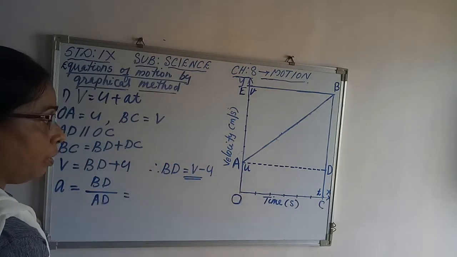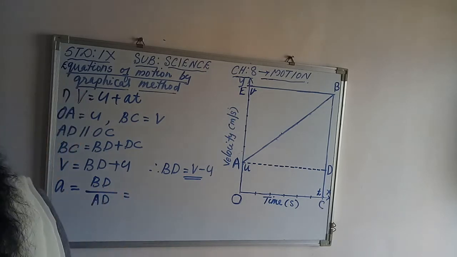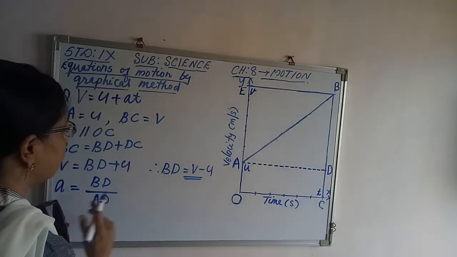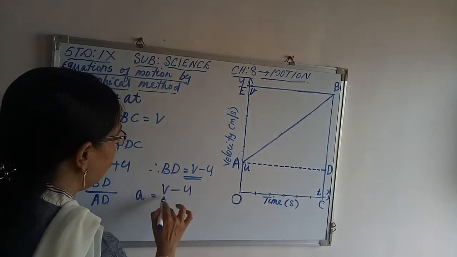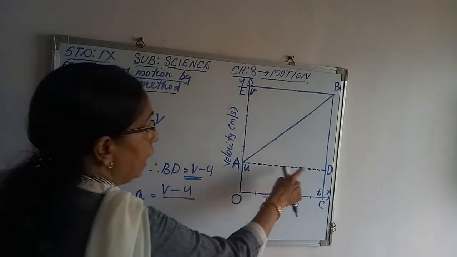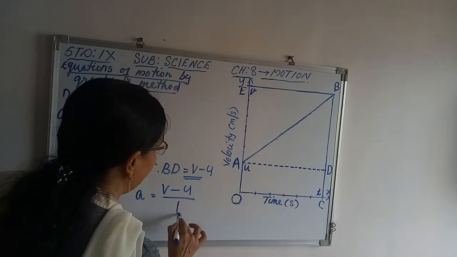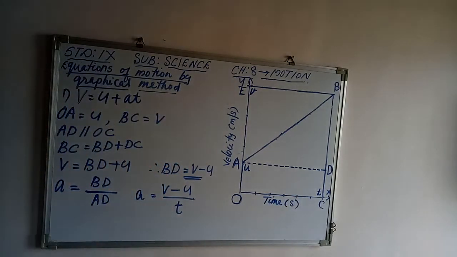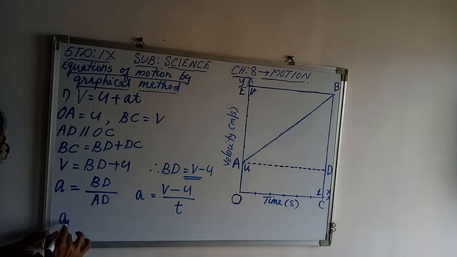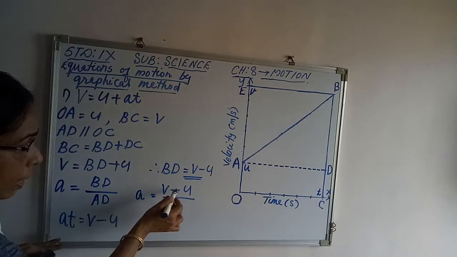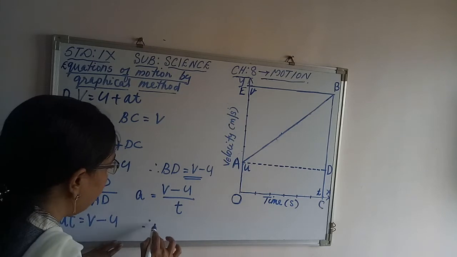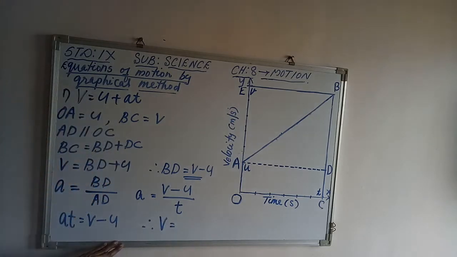Substitute the value. We can write A is equal to, what is BD? V minus U upon what is AD? AD is equal to OC, that is equal to T. Cross multiplying we get AT is equal to V minus U. Therefore, what is V? Final velocity.